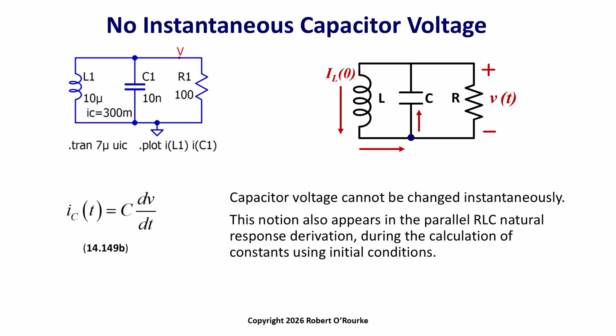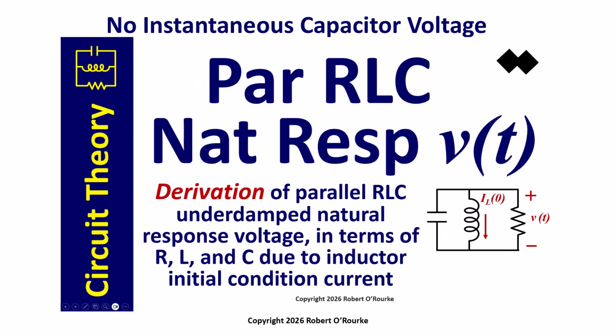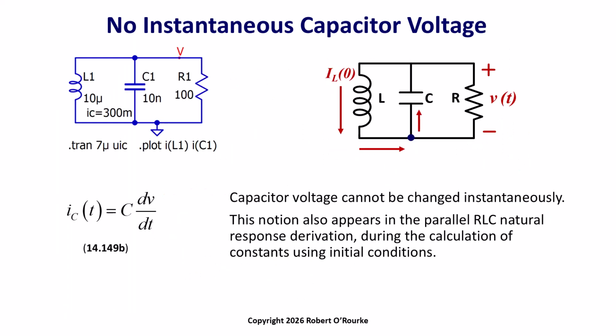This is how we know that all the instantaneous inductor initial condition current goes through the capacitor at time 0. We also saw the same principle at work in the parallel RLC Natural Response Voltage Derivation video during the calculation of constants K using initial conditions.